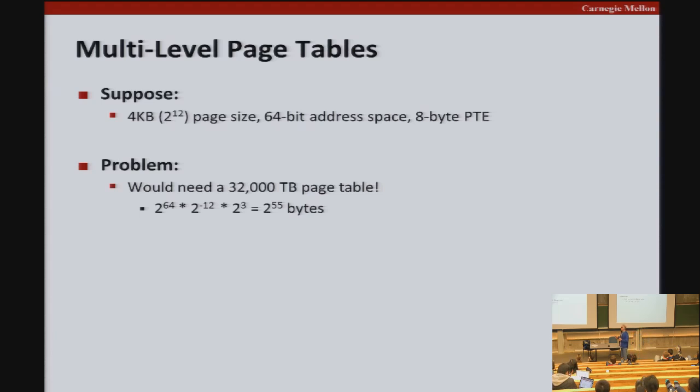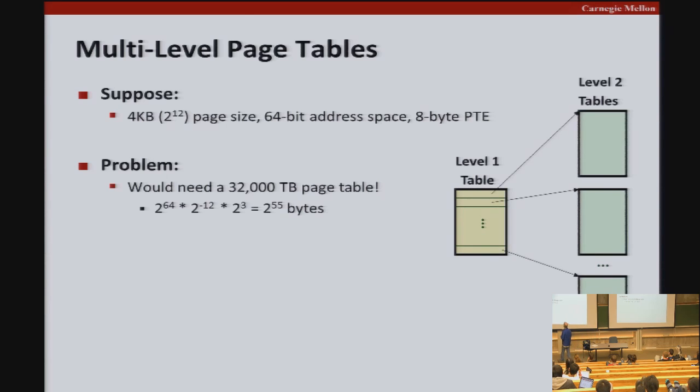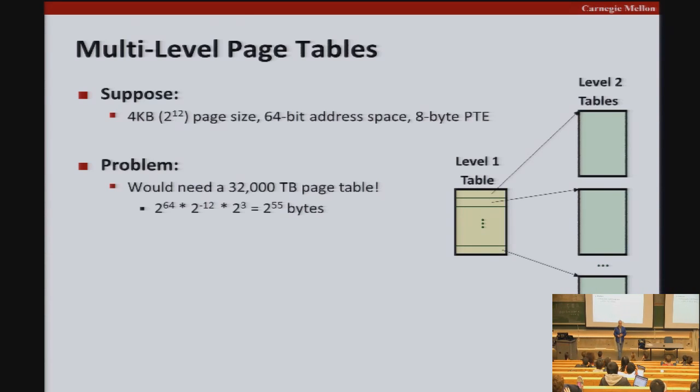In a 64-bit address space, we're going to have 8-byte page table entries. That would mean we would need 32,000 terabytes of page table. That's a lot of page table. I don't know how many computers we'd have to get together at CMU to get 32,000 terabytes, but we probably don't have enough of that. So there's got to be a cleverer way to do this, and there is.